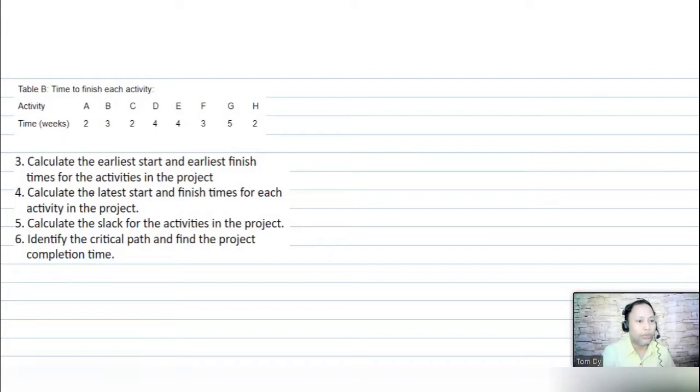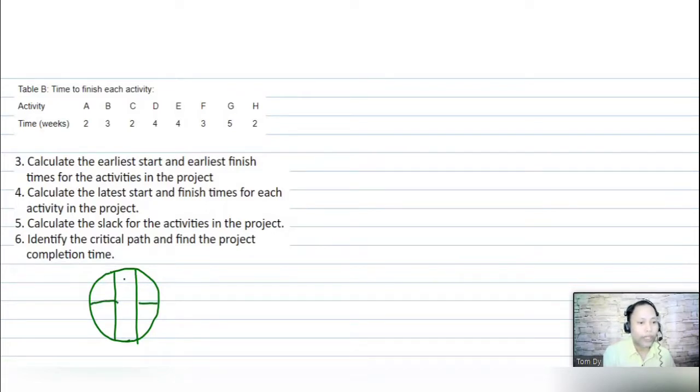So allow me to discuss first what earliest start and earliest finish time are. So I have to draw this one. Let me draw this circle. We will be using this circle later on.